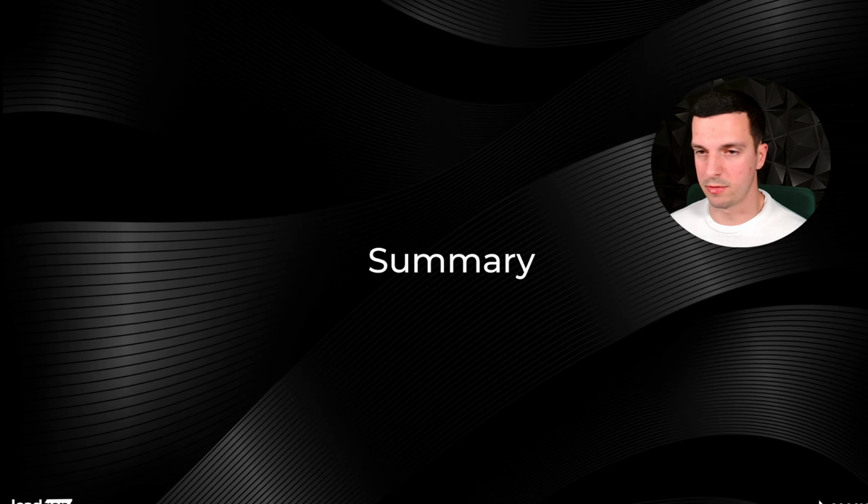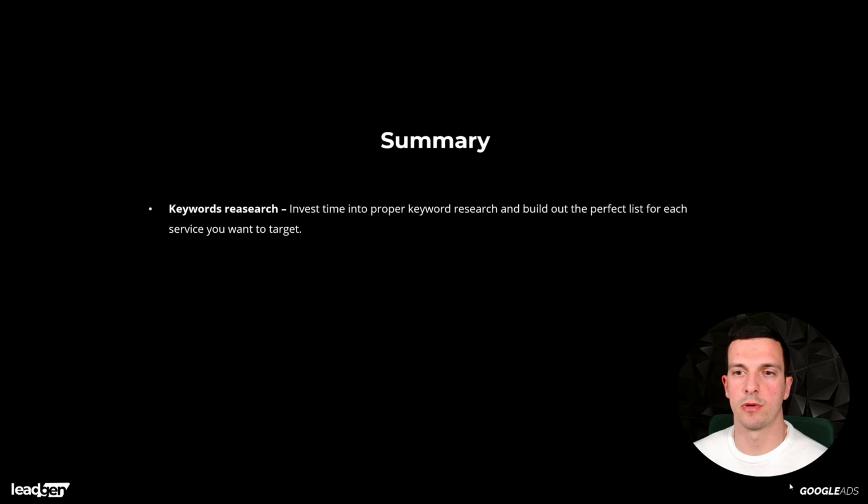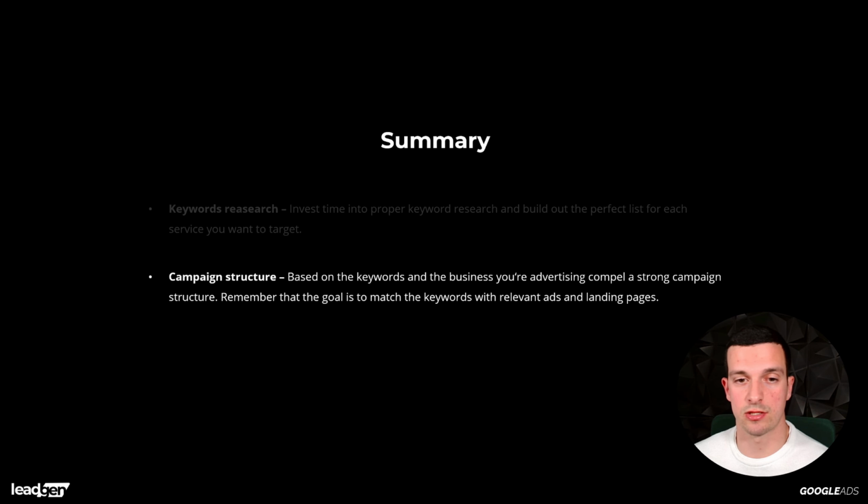Okie dokie. Let's come to the summary. Keyword research. Invest time into proper keyword research and build out the perfect list for each service you want to target. As I showed you step by step how to do it, follow my steps and create your lists, put them into the document and get ready to write the ads and plan the campaign structure based on the keywords and the business you're advertising.